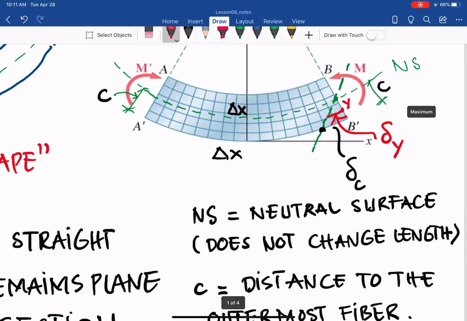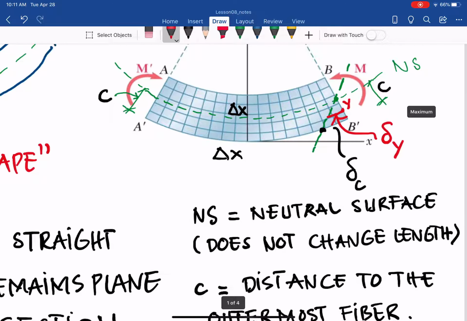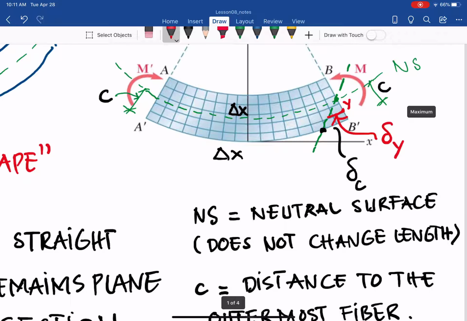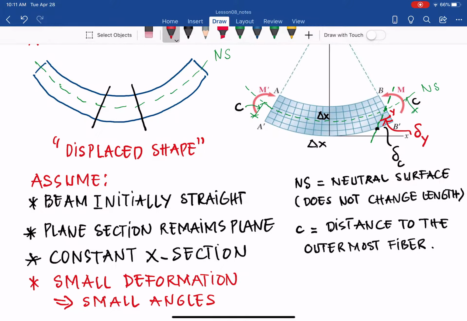So at any point located y from the neutral surface, there is a corresponding displacement, deformation delta y.